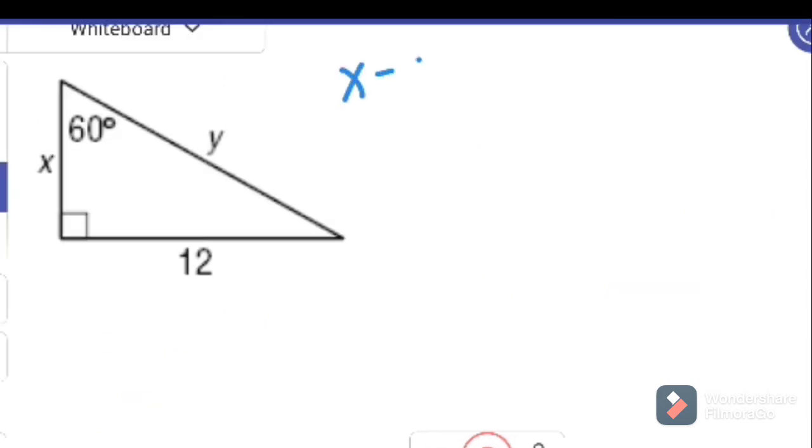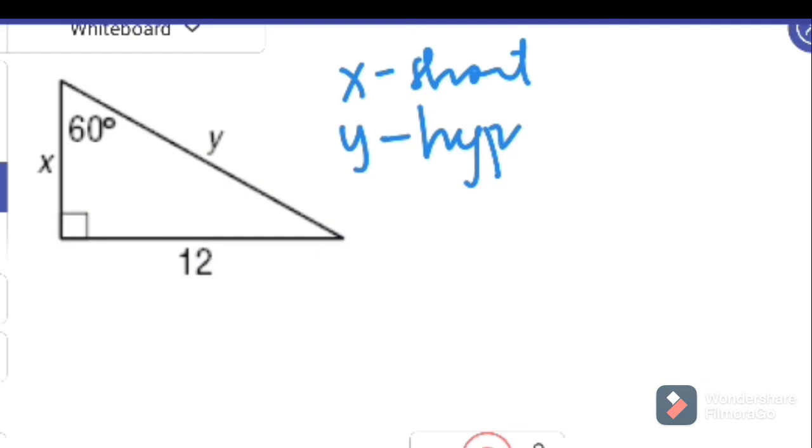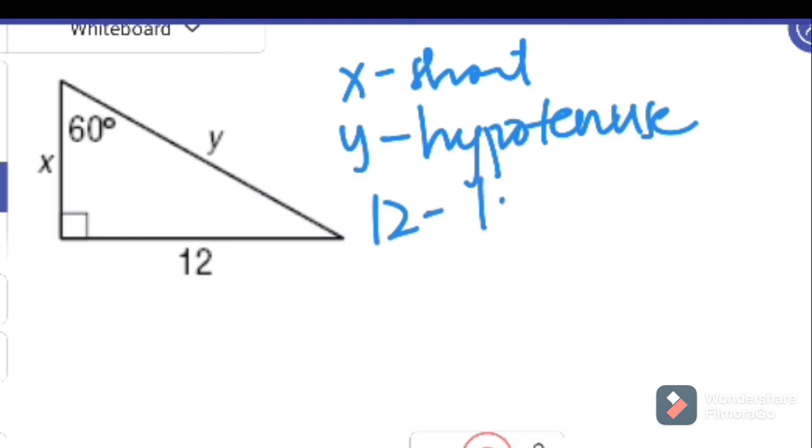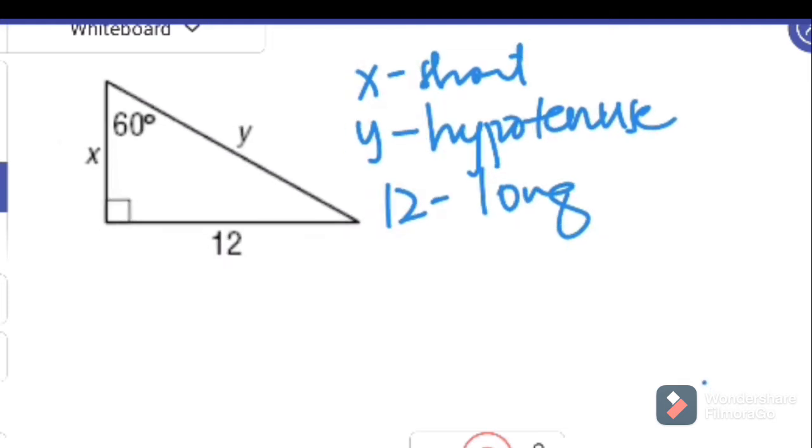X is the shorter leg or the short leg. Y is our hypotenuse. And 12 is our long leg. So how do we find the values of x and y?